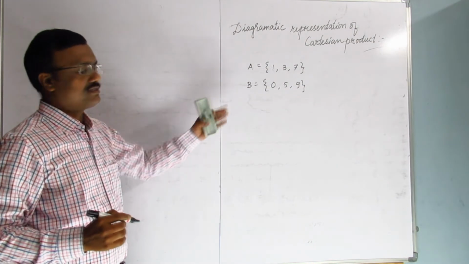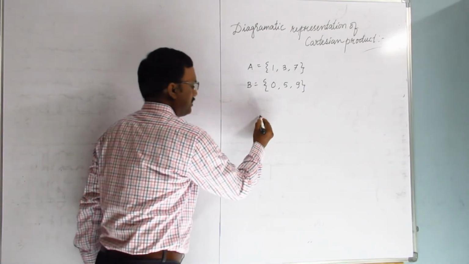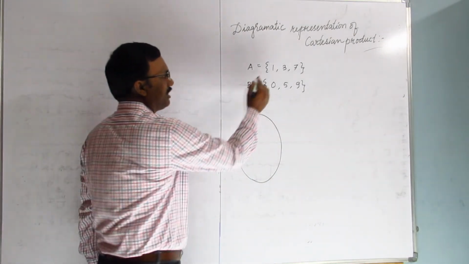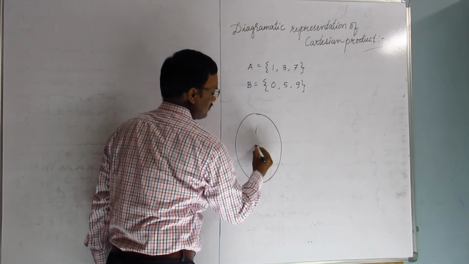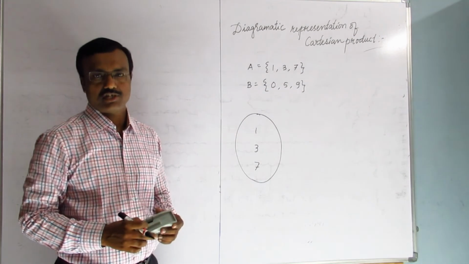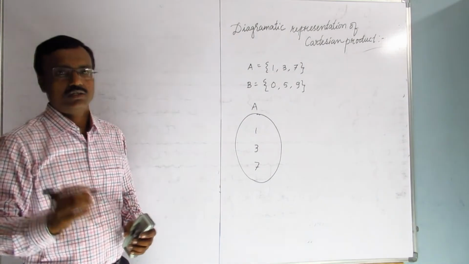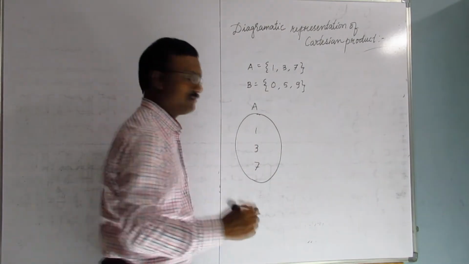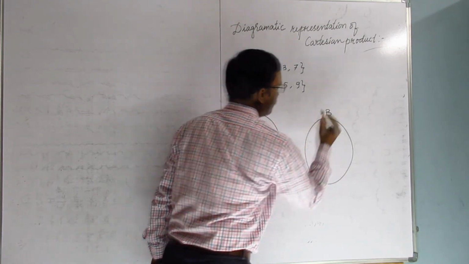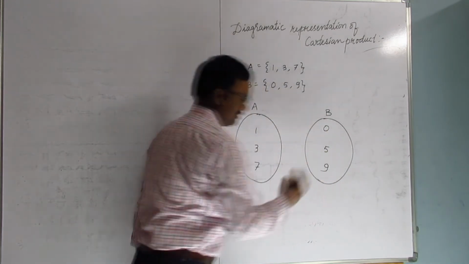Now we represent the first set A by a circular, elliptical shape rather, having these elements inside: 1, 3, 7. So we show all its contents in this elliptic shape. Now represent the second set by another elliptic shape to the right of it. So this represents set B containing all these elements inside: 0, 5 and 9.